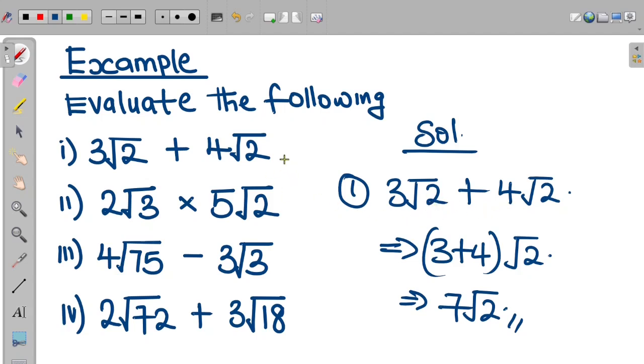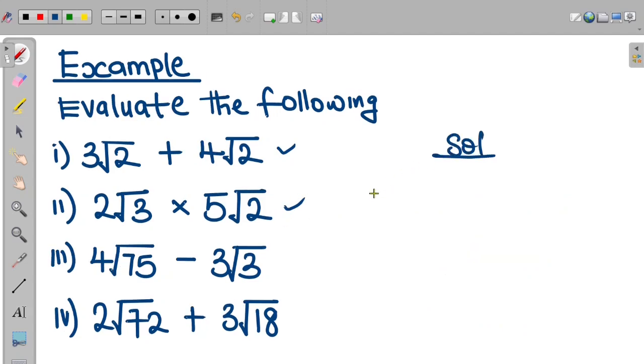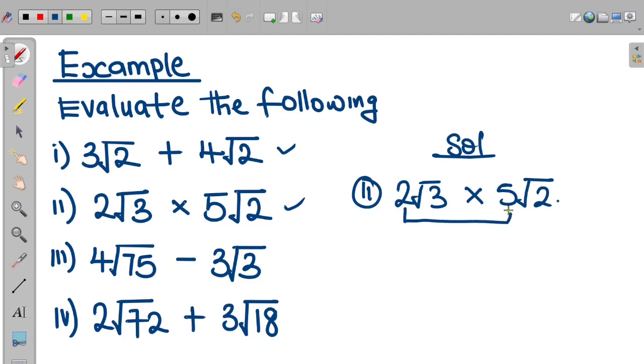Now let's take number 2, which has multiplication. We have 2 root 3 multiplied by 5 root 2. If you look at the expression, you will find that they don't have the same radical. At this point, the integers will multiply themselves and the radicals will multiply themselves.